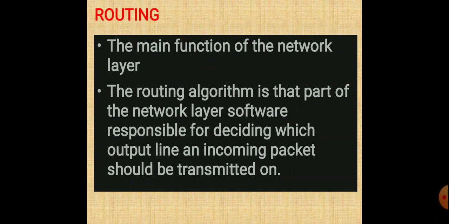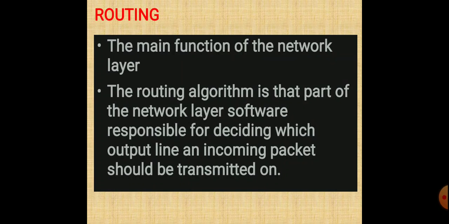It may be wired or wireless, but the router acts as the key player to transmit your packet from the source machine to the destination machine. This is decided by the routing.